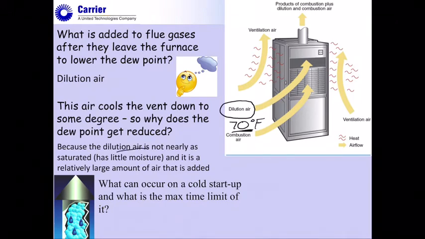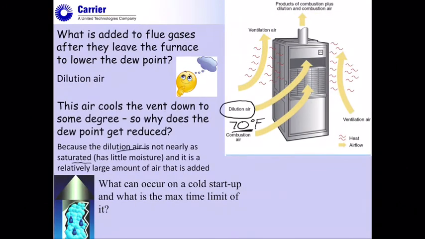But because that dilution air is super dry, it's not saturated, there's so little moisture in it, it tends to dilute the sample of the flue gases within the vent pipe. The result is that you end up with a substantially lower dew point, and that's what we really have to have.